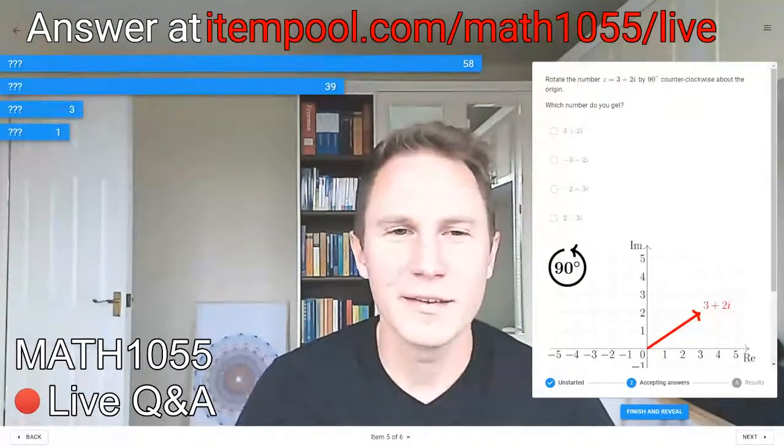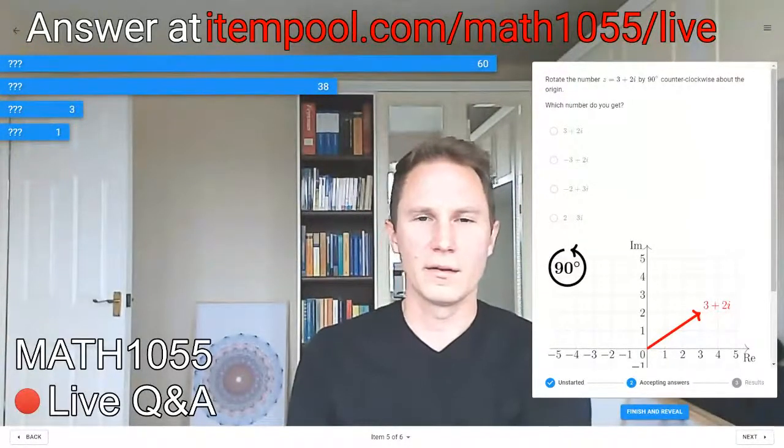Okay, I see these. So now it's very interesting. There is one clear winner at the moment. There are 60 people who have voted for one particular answer, but there are 38 of you who have voted for something else. Oh, what I mean is, yes, you have to change the sign, well, you can do both.